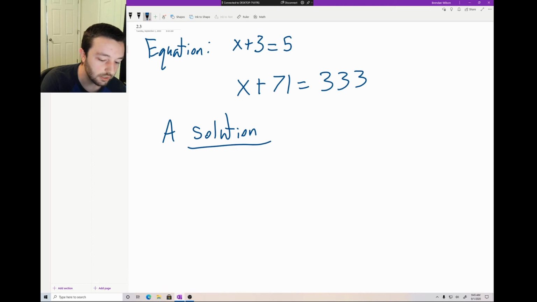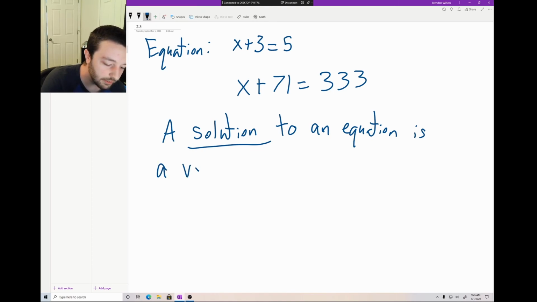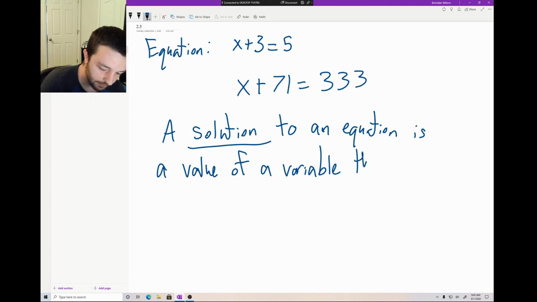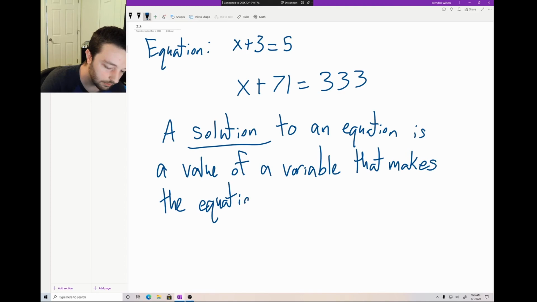Okay, so a solution to an equation is a value of a variable that makes the equation a true statement.